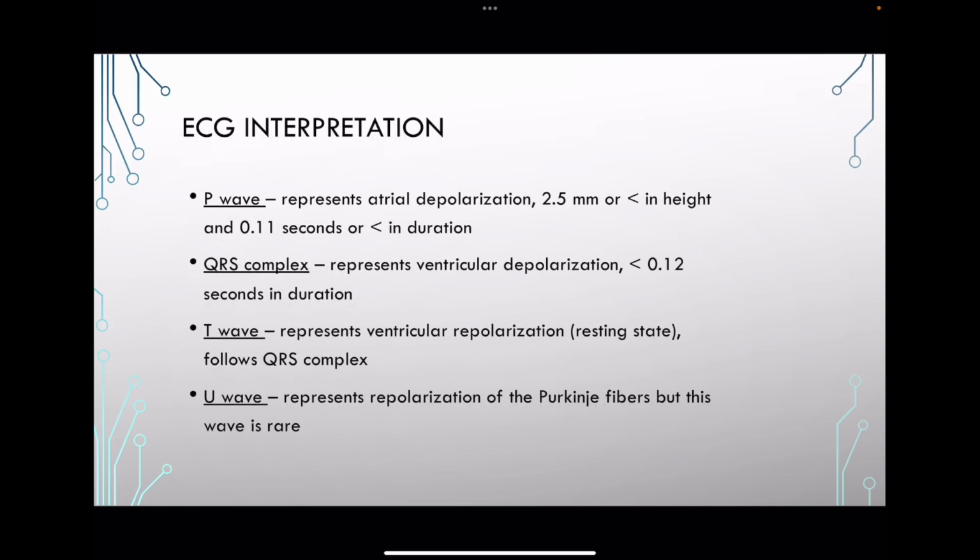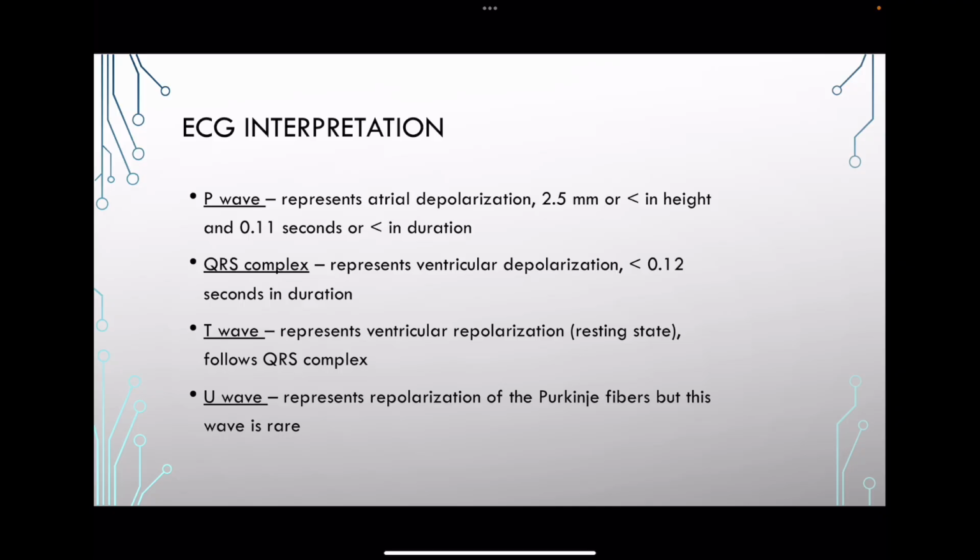Okay, so for your ECG interpretations, like we talked about earlier, you have your P wave, your QRS, and your T wave. Many doctors don't look at the P wave on its own. What they're looking at is your PR interval, which is on the next slide.